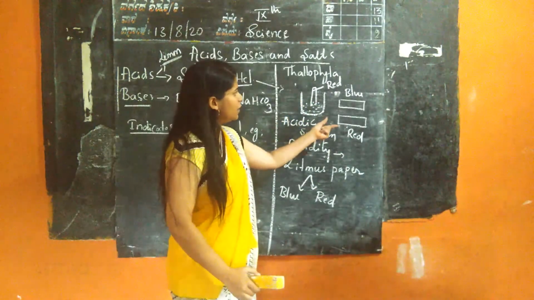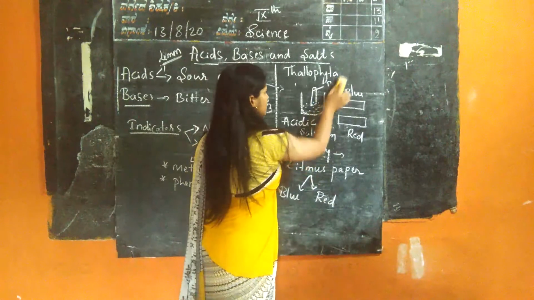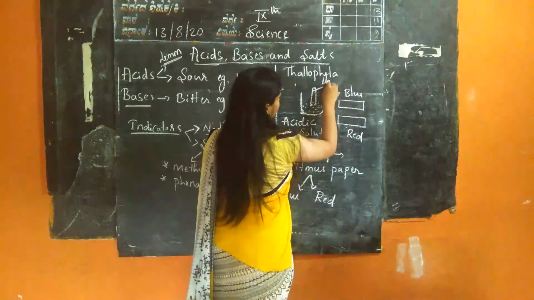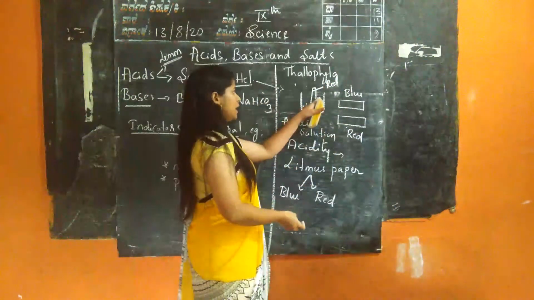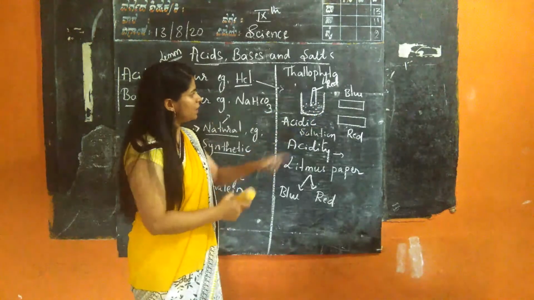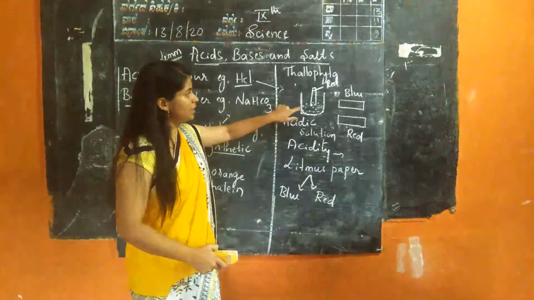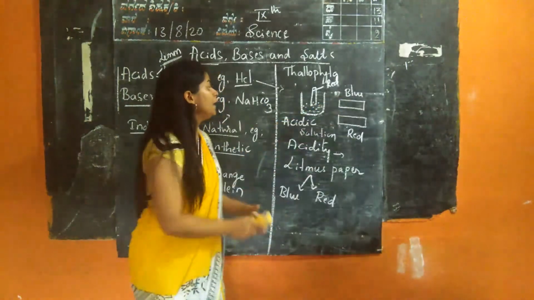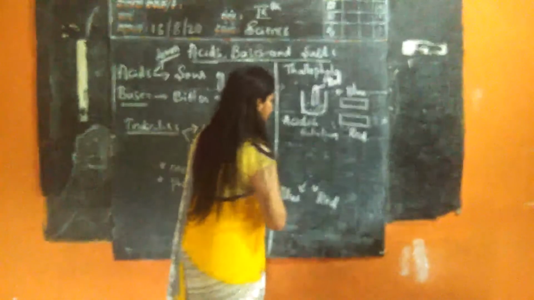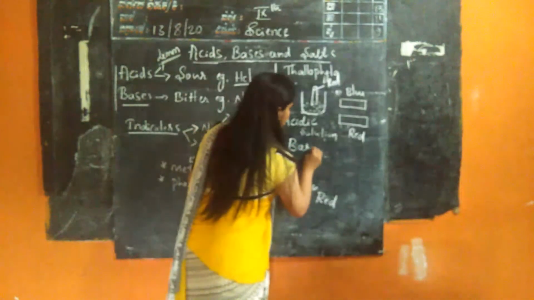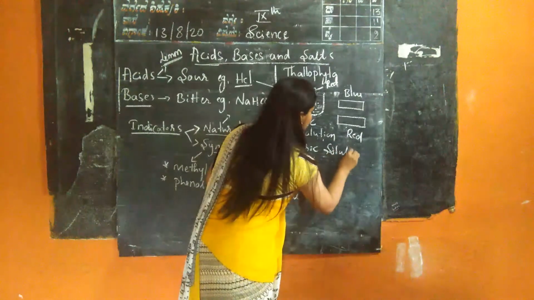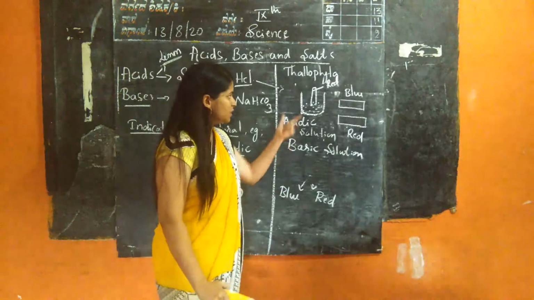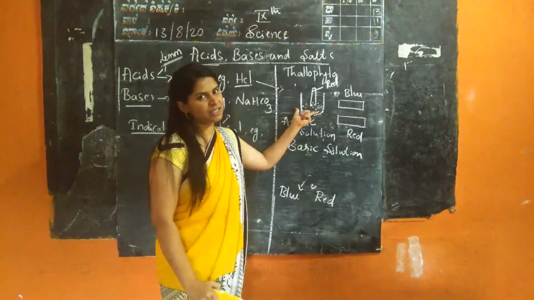Instead of that, consider this litmus paper is red. If I dip this red litmus paper into this solution and it is converted into blue, then it is a basic solution. Understand? This is how we can see the difference, whether the solution is acidic or basic.